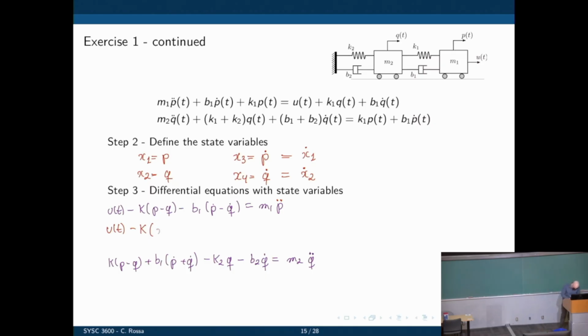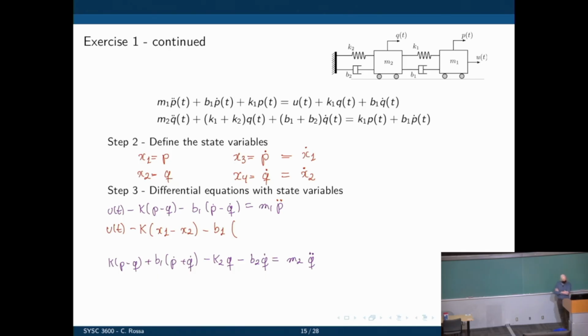So we can simply write x1 minus x2, minus b1 times p dot minus q dot.